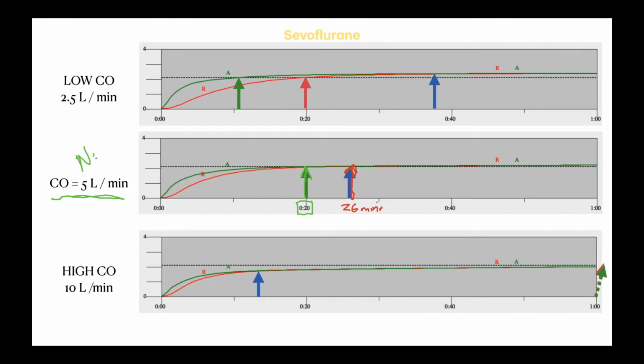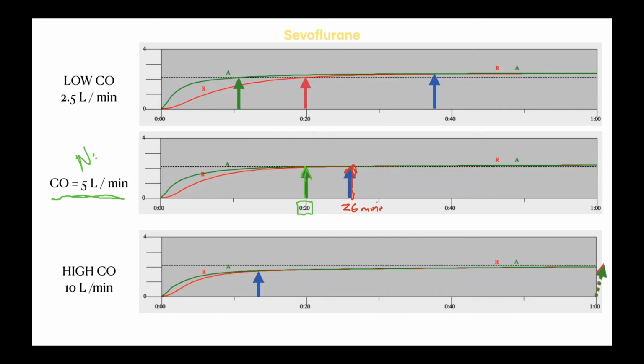And I think this will help you get that appreciation. When we measure MAC, one of the key things is that once you've reached your alveolar partial pressure, you must allow 15 minutes for that equilibration to occur between alveolar and brain.